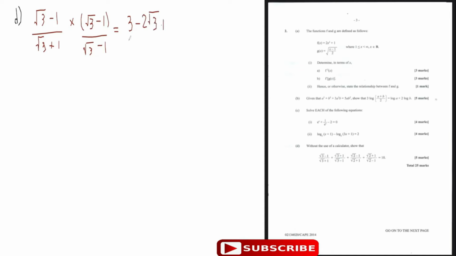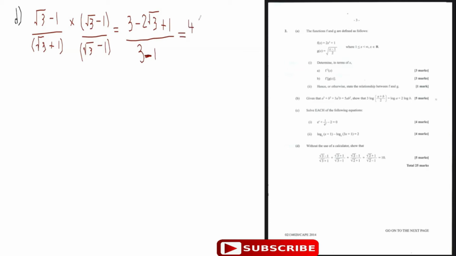Then we're dividing that by root 3 times root 3 is 3. Well, this is just the difference of two squares in the denominator now, so it's just a squared minus b squared. So this part works out to be 3 minus 1, which is 2. And 3 plus 1 is 4.